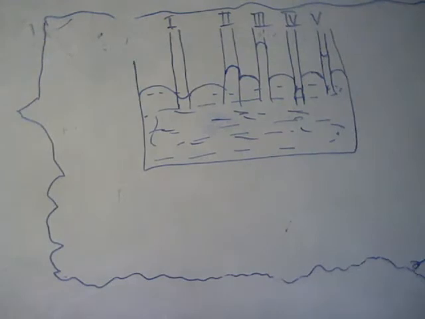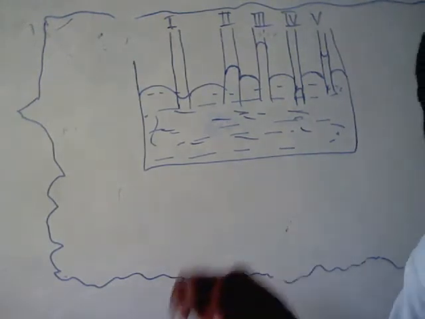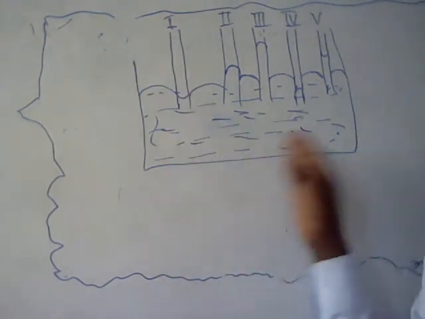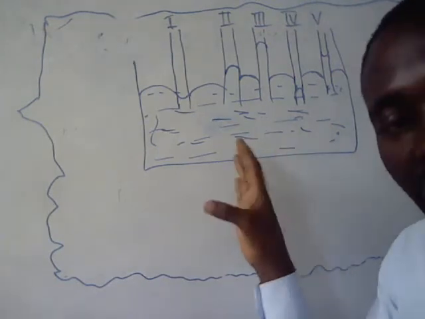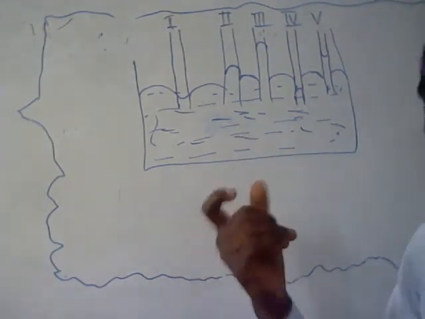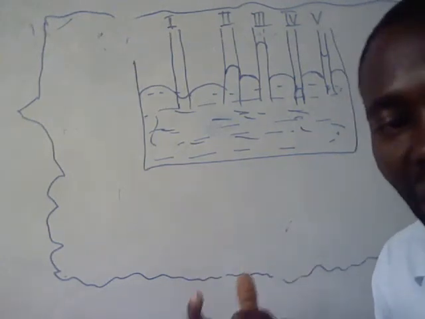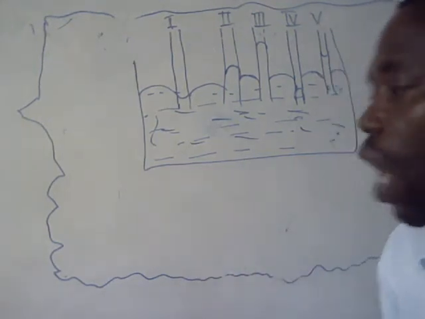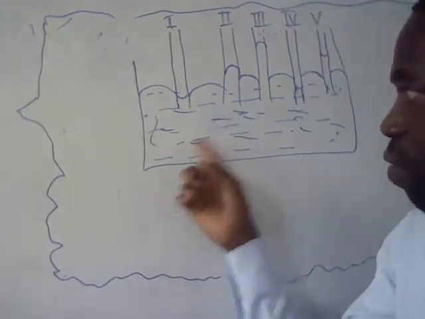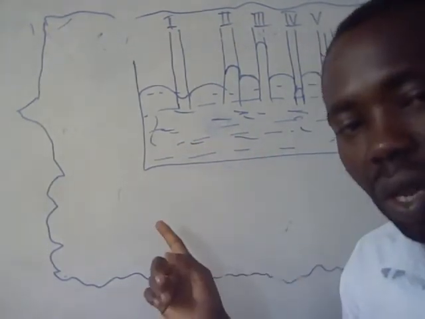When you have a container like this that contains mercury, and you carry a tube, just like a test tube in the chemistry or physics lab, and you dip it inside this beaker containing mercury, are you there?